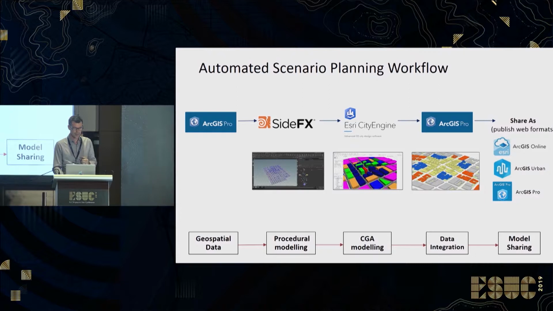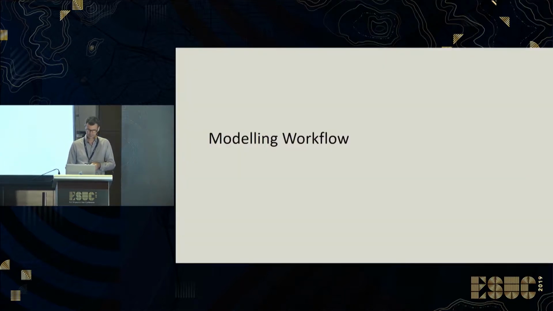From the geospatial data we start with, we create certain specific layers, then take them into Houdini, where we mainly generate the 2D models. Then we take the 2D models into CityEngine, generate the 3D geometry from inside CityEngine, and take that geometry back into ArcGIS Pro as ArcScenes.